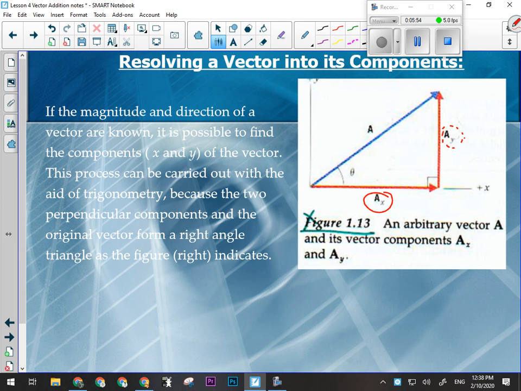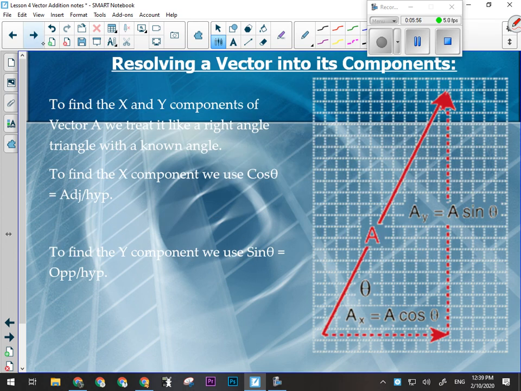So if I want to do that for this triangle here, my vector that I'd be given is A, and it's the hypotenuse of the triangle, so it's the longest side. I would be given this angle here, which is labeled theta, and I would be asked to calculate the horizontal and vertical components.